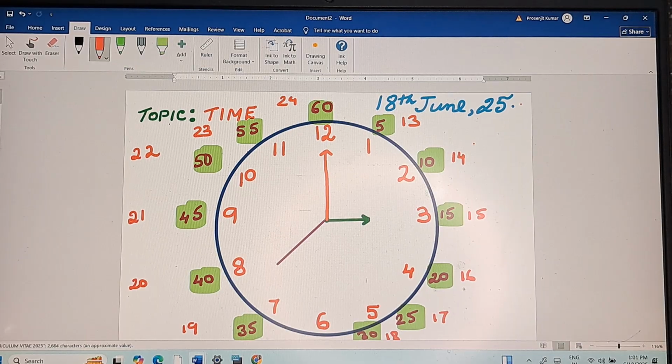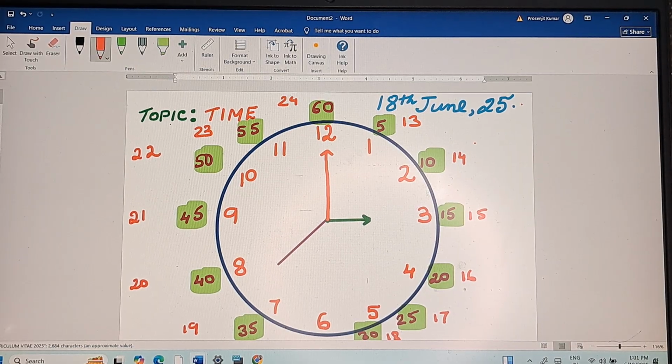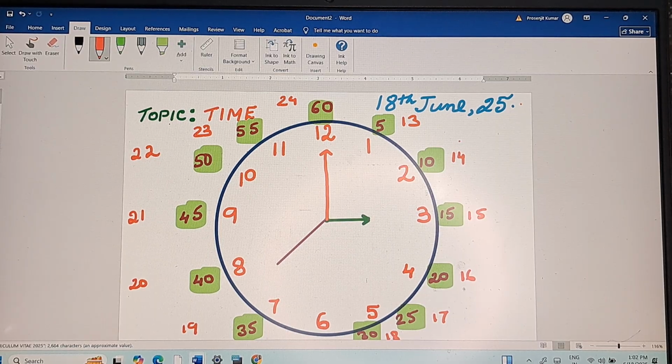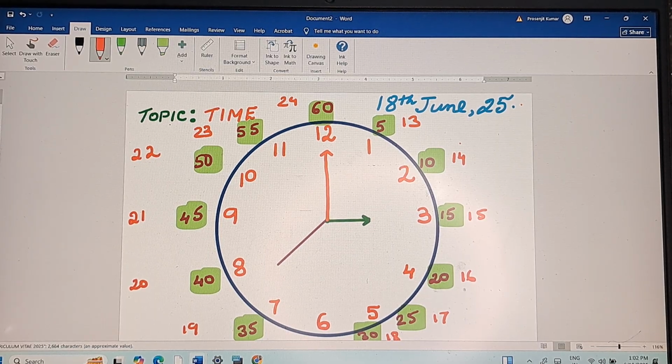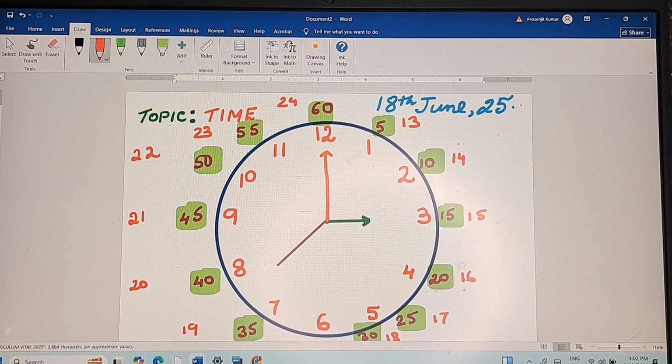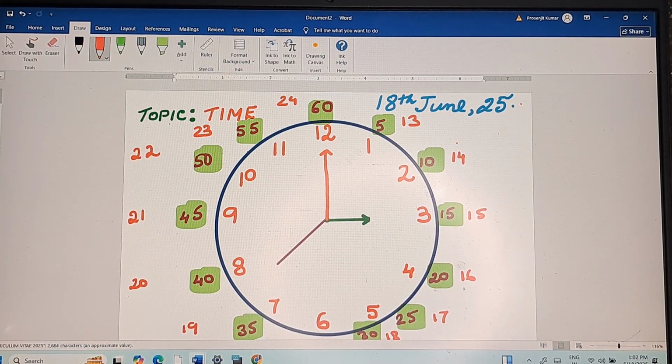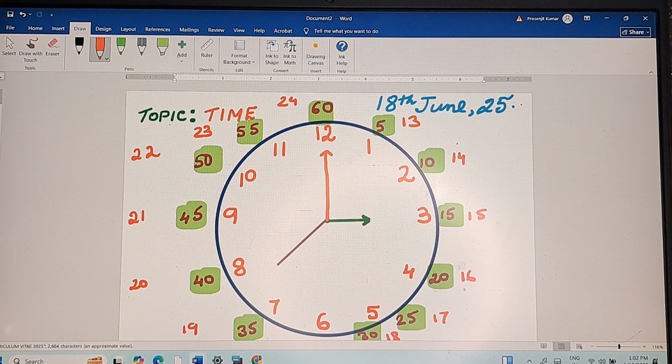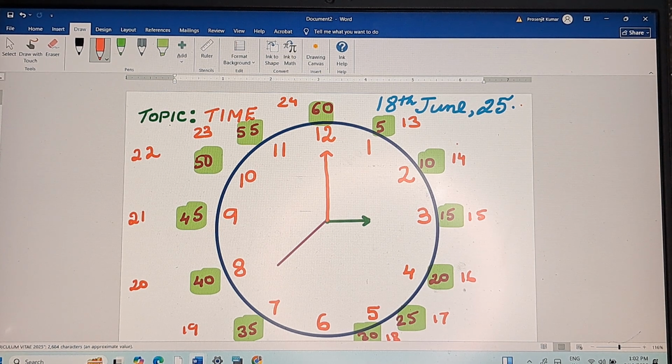12 o'clock in the afternoon we say 12 noon, and 12 o'clock at night we say midnight. Now the 24 hours clock is very important. Whenever we book a railway ticket or flight ticket, the timing mentioned there is generally in 24 hours format.